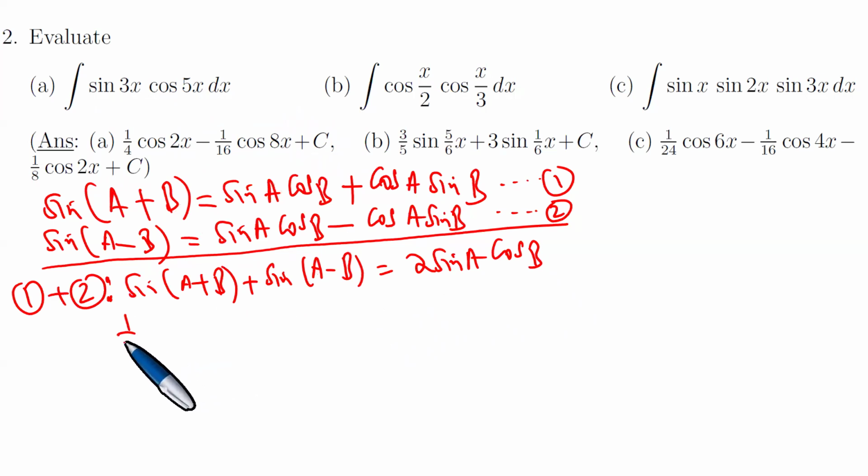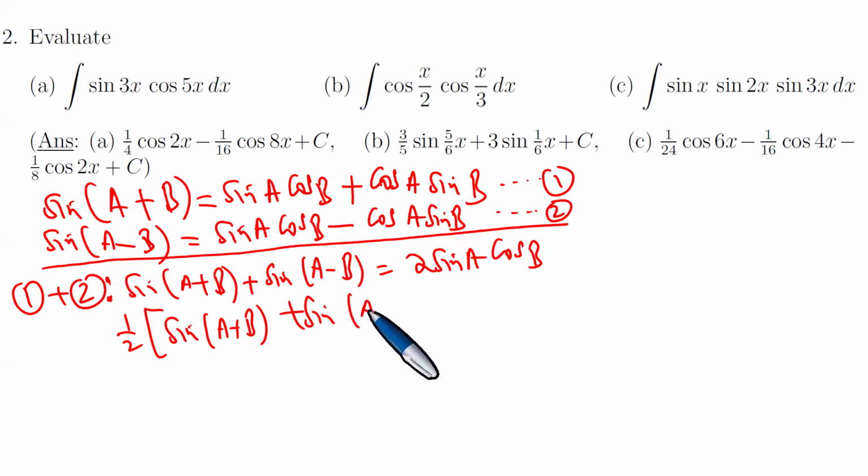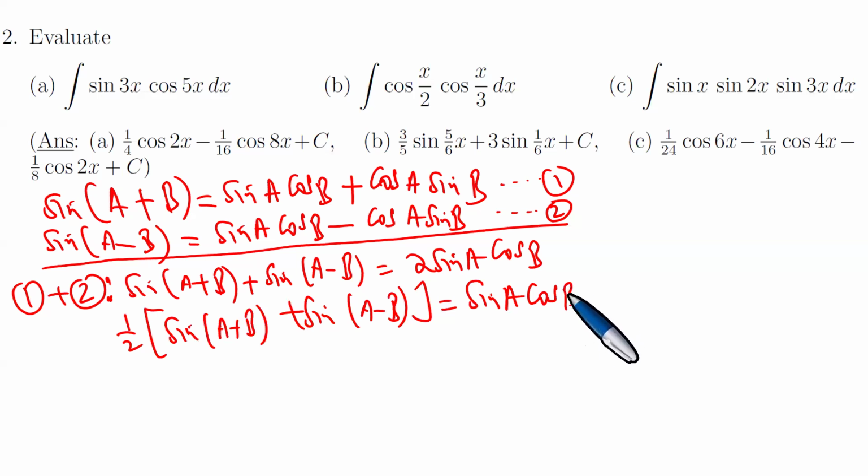So you divide by 2, which is 1/2 of the sine of A plus B plus the sine of A minus B, which is exactly the sine of A cosine B. So this is what you get.